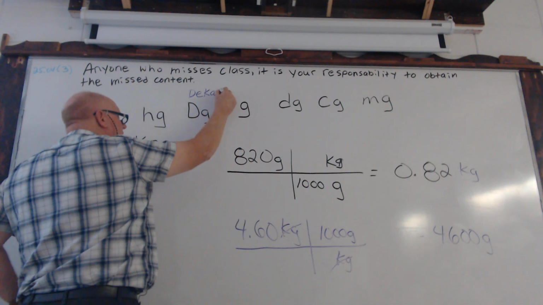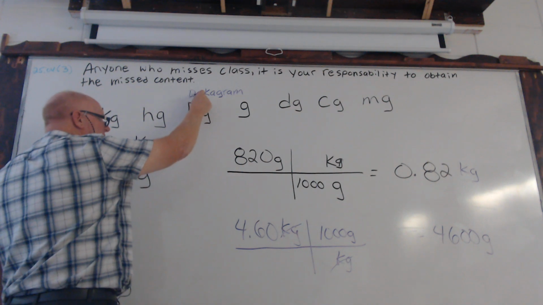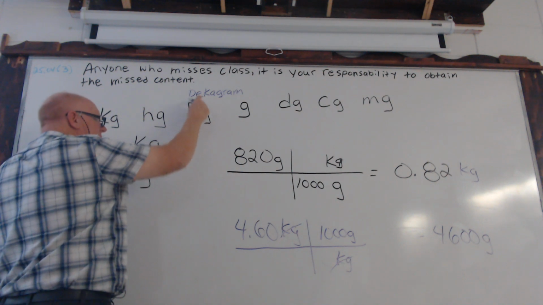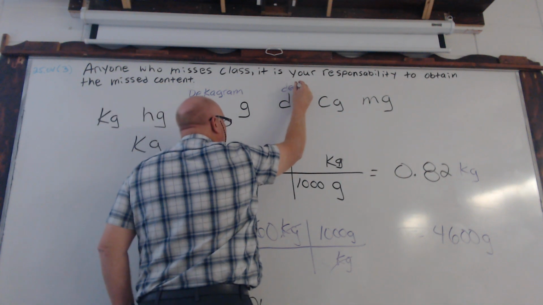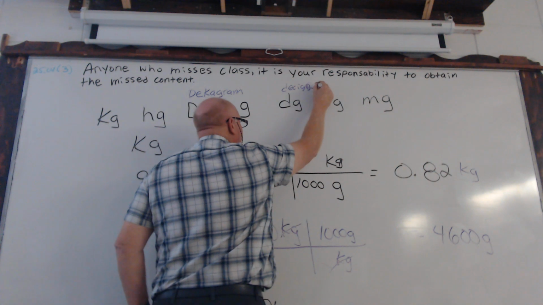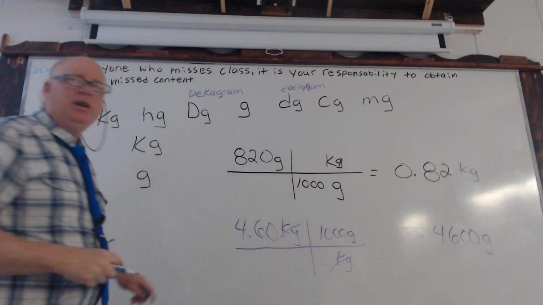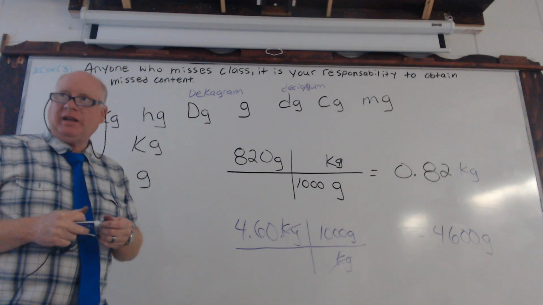Is that correct? It could be CK, it could be just C, but I don't know, I just wrote it down either way. Gram. There we go. Okay. You said centigram? Centigram.